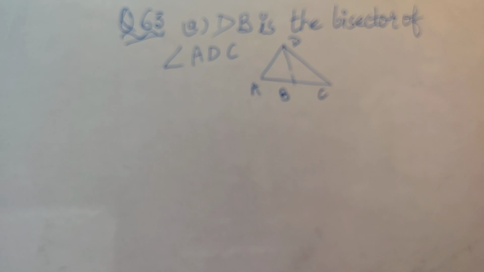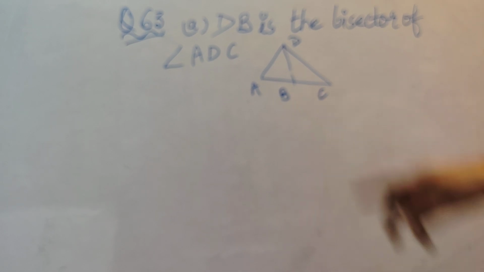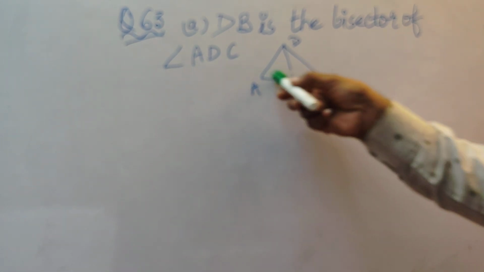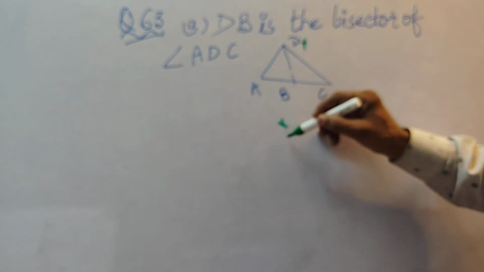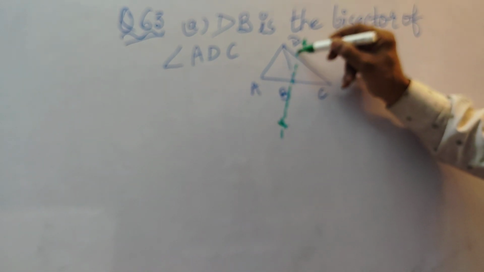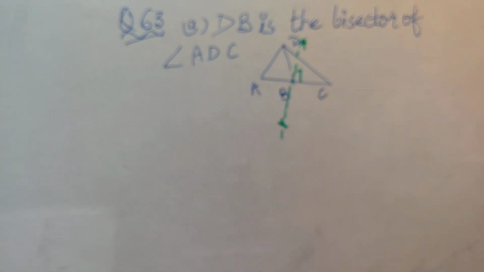So in the given figure, DB is not a bisector because a bisector line always cuts the shape in a perpendicular manner, passing through the middle at 90 degrees. That's why it is not a perpendicular.